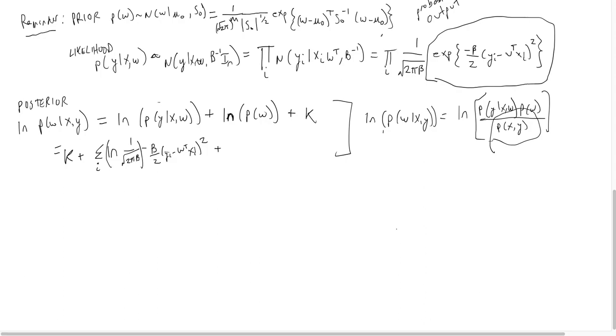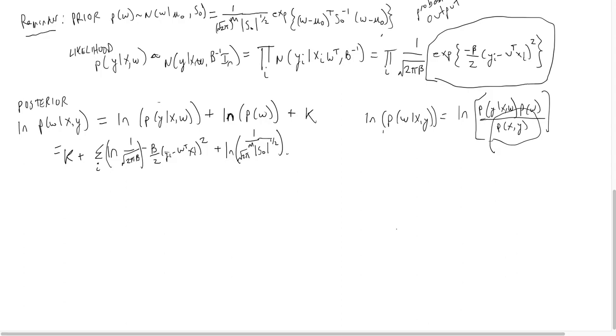Plus, now let's add our prior. ln of, let's look at that first term. 1 over square root of 2 pi to the m s naught to the 1/2. And I'm just going to erase that real quick so I can keep writing.